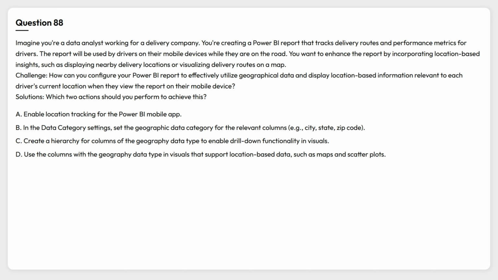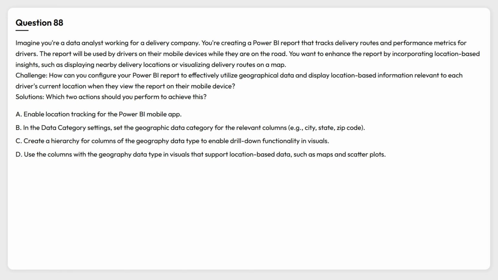Option A: enable location tracking for the Power BI mobile app. Option B: in the data category settings, set the geographic data category for the relevant columns. Example: city, state, zip code.